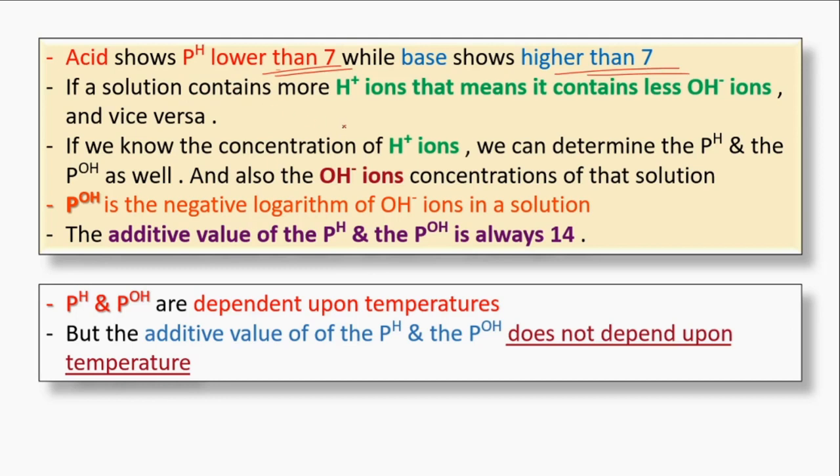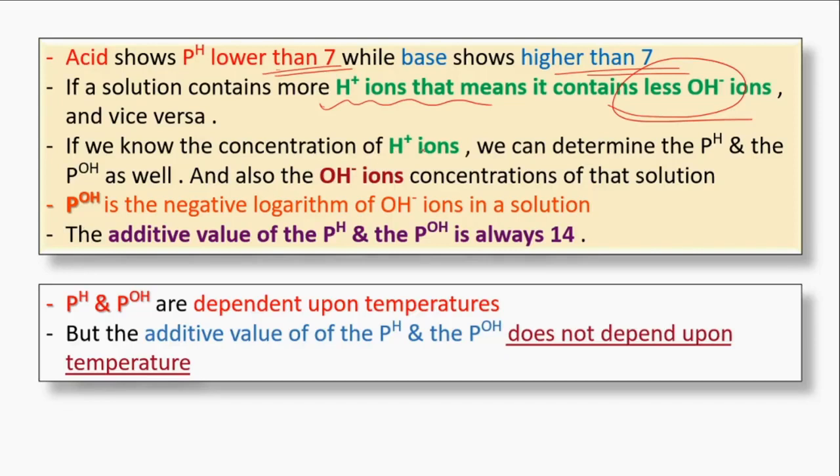And if a solution contains more hydrogen ions, it will contain less hydroxyl ion. An acidic solution will contain more hydrogen ions, but not that much hydroxyl ion. If the hydroxyl ion concentration is high, then the solution will be basic in nature.